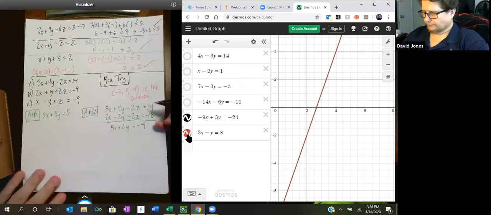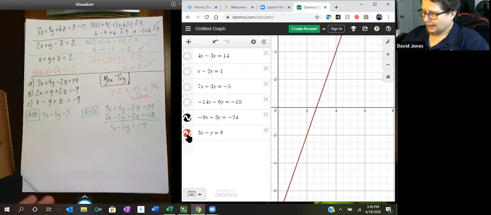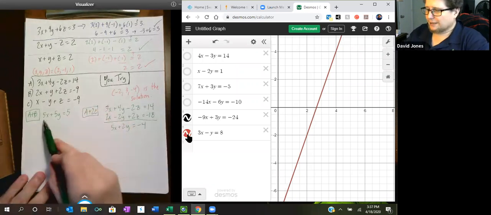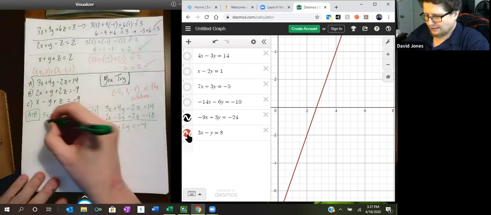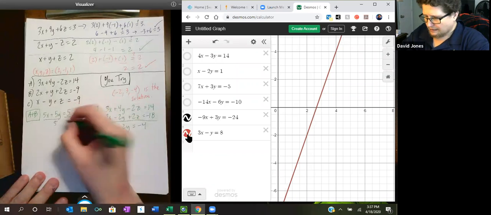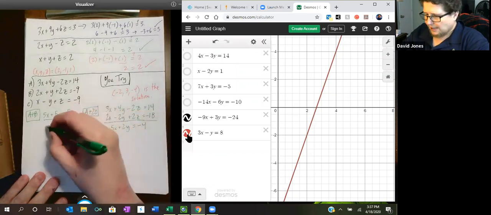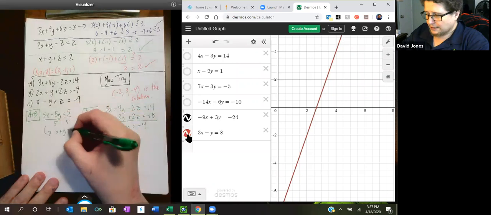Okay. This one looks like it cleans up pretty well, right? I can divide by 5 here. And I get x plus y equals 1.